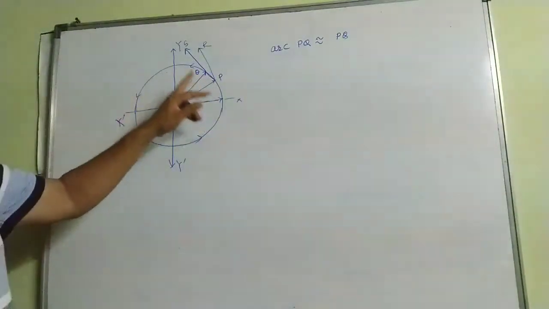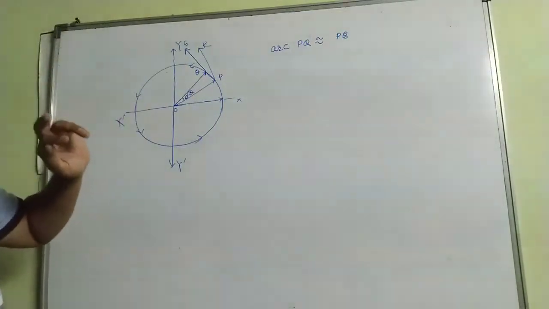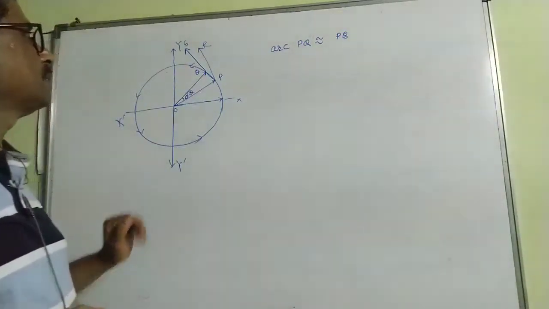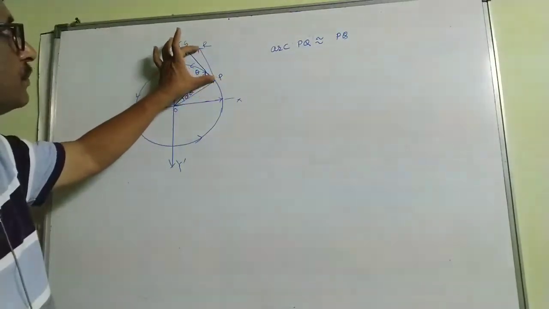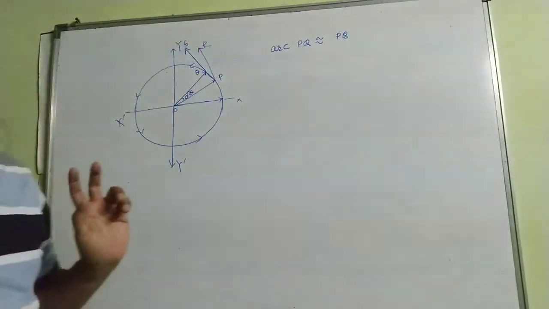Now at P and at Q, the linear velocities are equal in magnitude, but their directions are different.